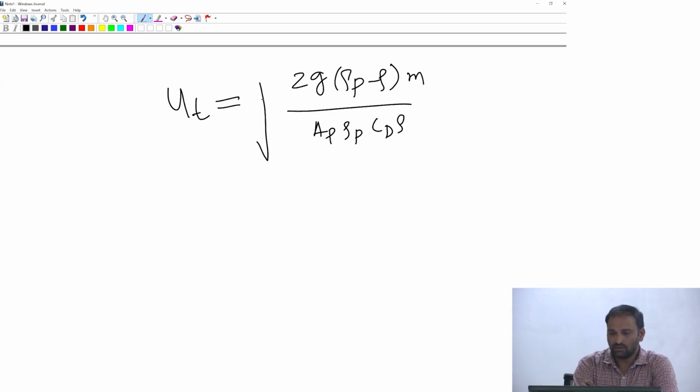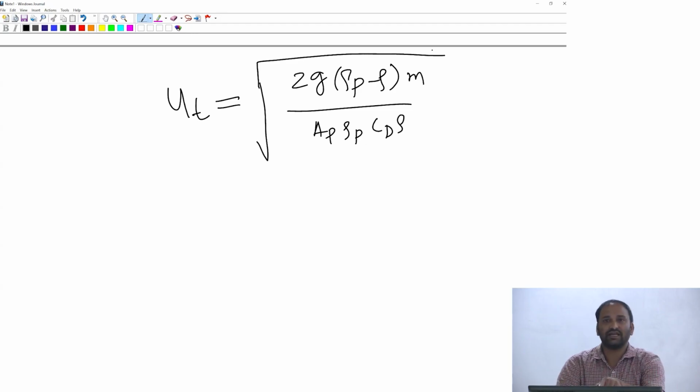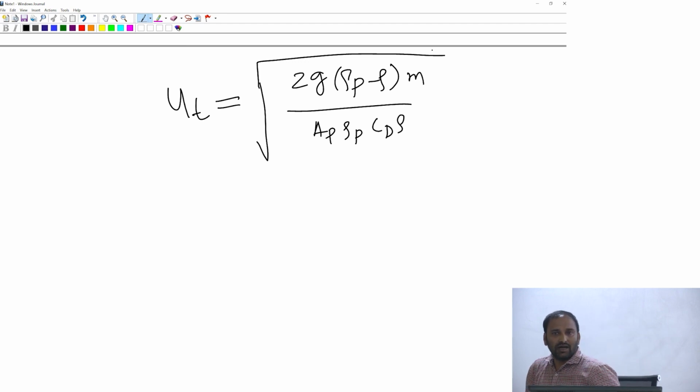Can you try and get this expression? All I've done is equate dv by dt equal to 0 and simplify. That's what you should be getting.